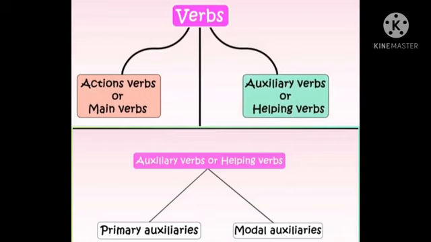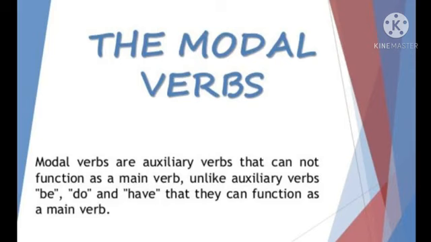While a modal auxiliary or modals are those auxiliaries which specify various moods, modes, or context of the main verb they are associated with. So the modal auxiliaries are auxiliary verbs that cannot function as a main verb, unlike the be form, do form, and have form, which can function as a main verb.